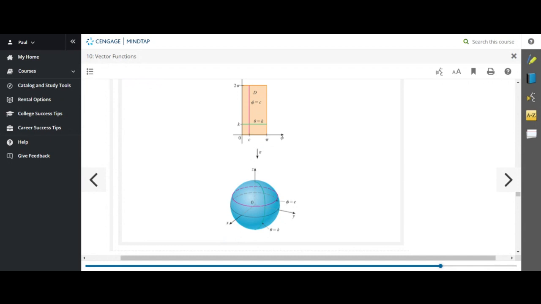There you're letting phi vary from 0 to pi, but theta is always held constant. And what does theta look to be about equal to?